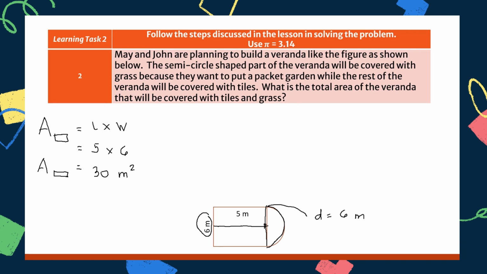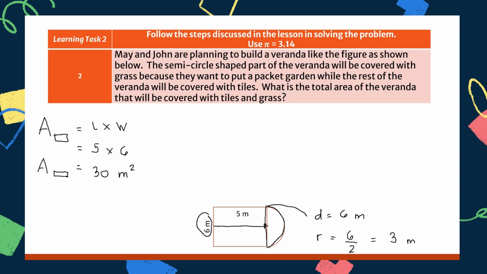Ngayon, dahil ang diameter ay 6 meters, kapag i-divide sa 2, magkakaroon tayo ng tinatawag na radius. So, ang radius sa problem na ito ay 3 meters. Dahil sabi nga natin, ang radius is 1/2 the measure of the diameter.